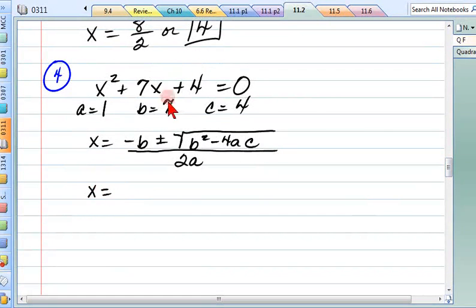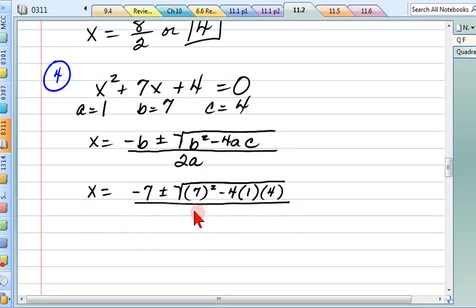X is equal to, the opposite of b will be negative 7 plus or minus the square root of 7 squared minus 4 times 1 times 4 all over 2 times 1.